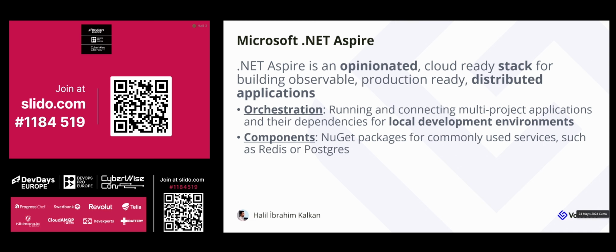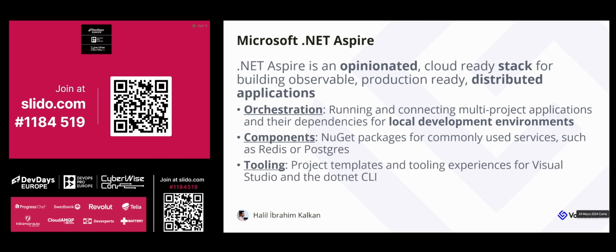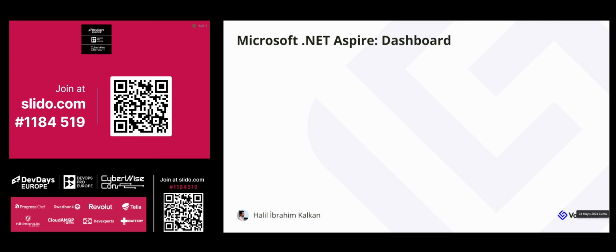If you use these NuGet packages, they provide some abstractions and integrations with Redis, Postgres, SQL, and some other commonly used tools. The third part of .NET Aspire is some CLI commands that provide some automation while running all these systems in your local environment.